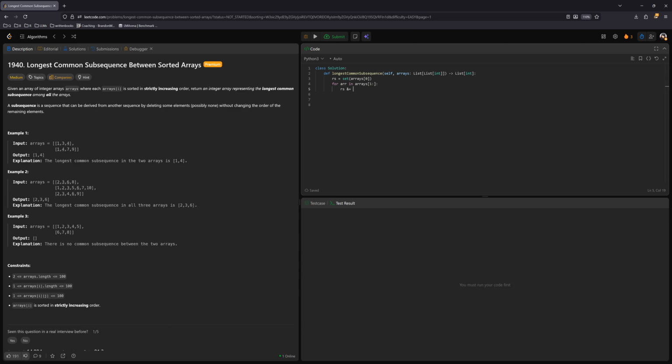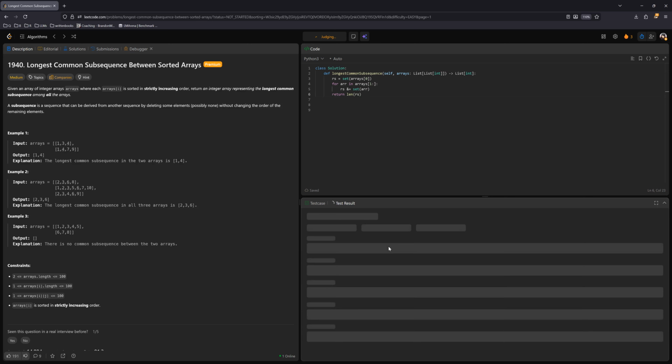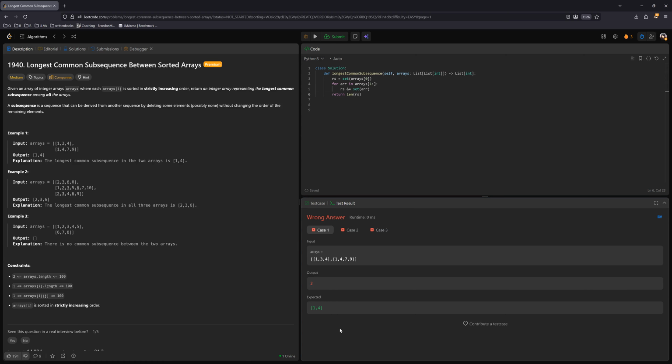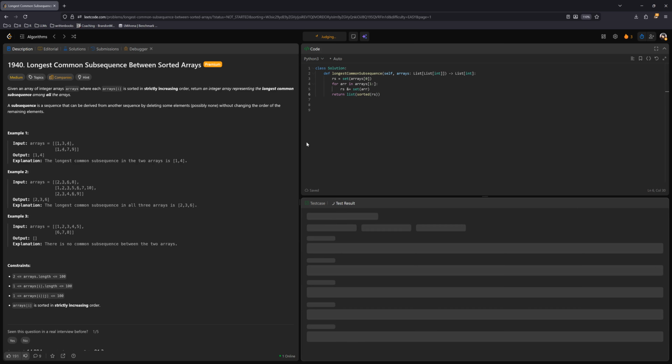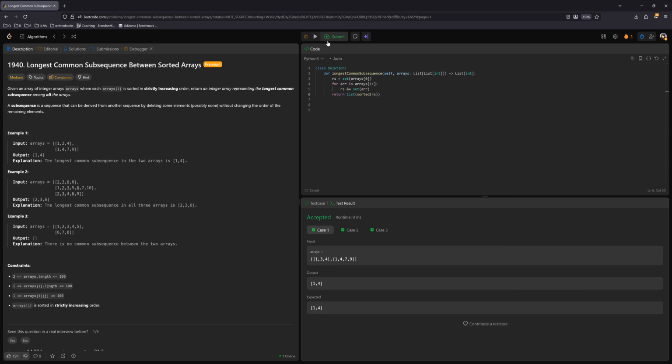So we already know they're in the right order. Get it? Return length of RS. Oh, it does want the, it does actually, okay, that's fine. List of sorted of RS. All right, there we go.